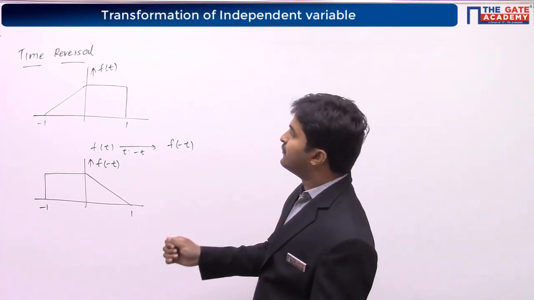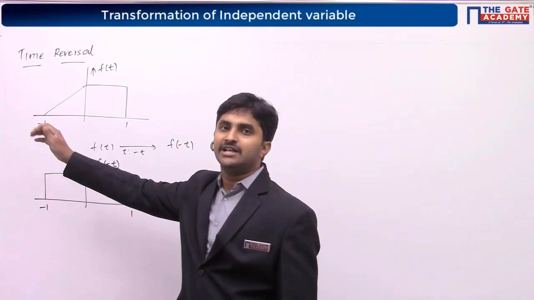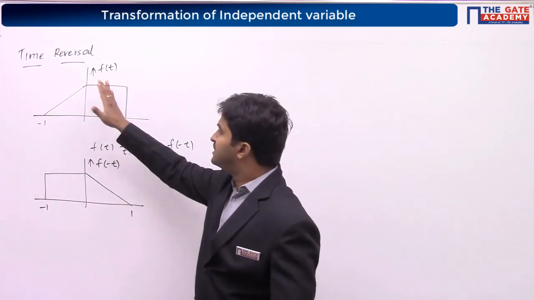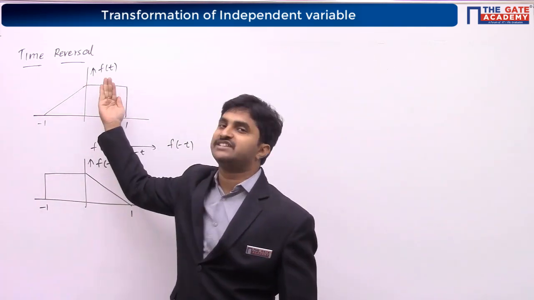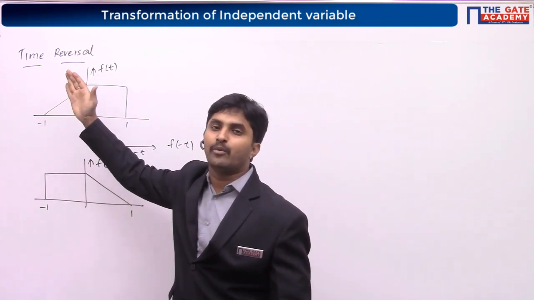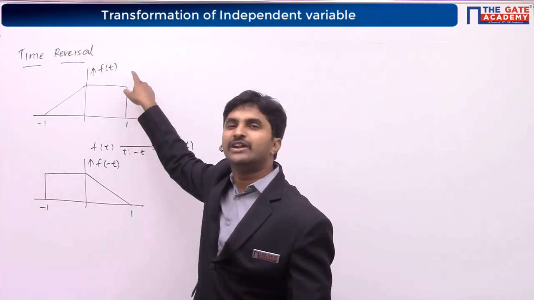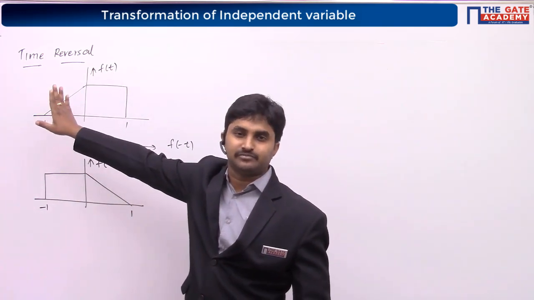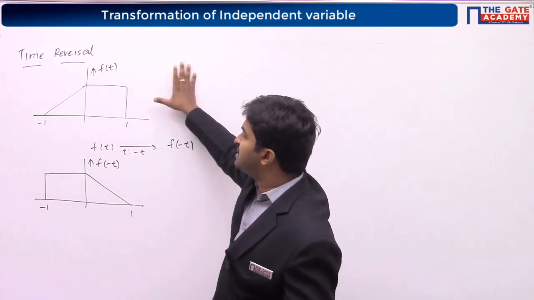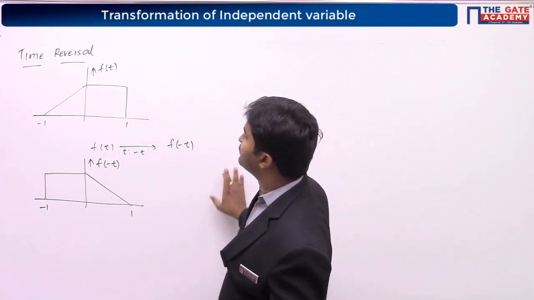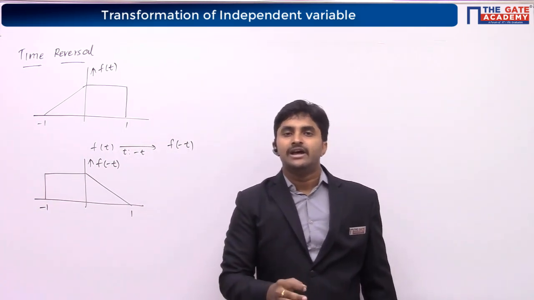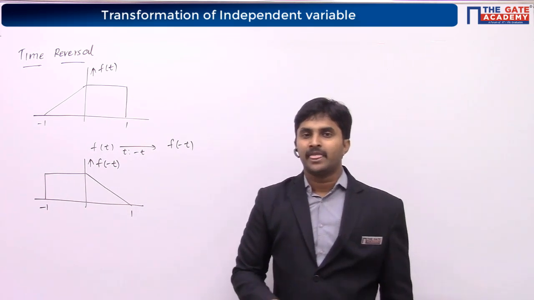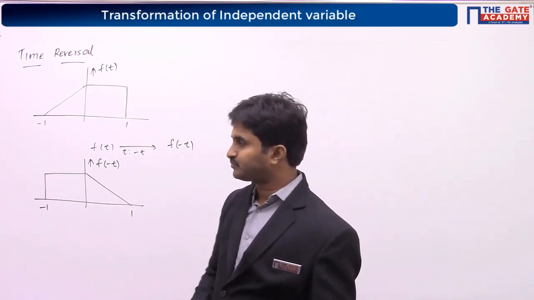Whatever information is present on the left side comes to the right side, and whatever information you are having on the right side comes to the left side. Right? So this sort of transformation is what we call a time reversal operation.